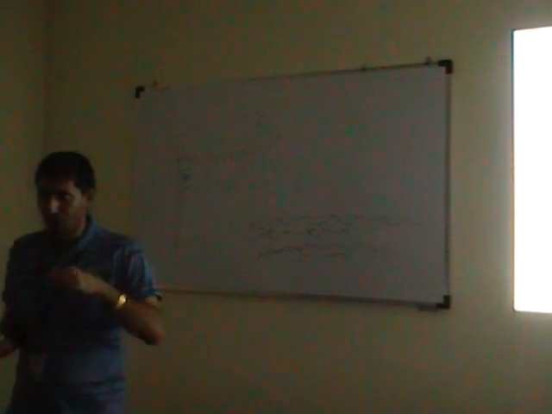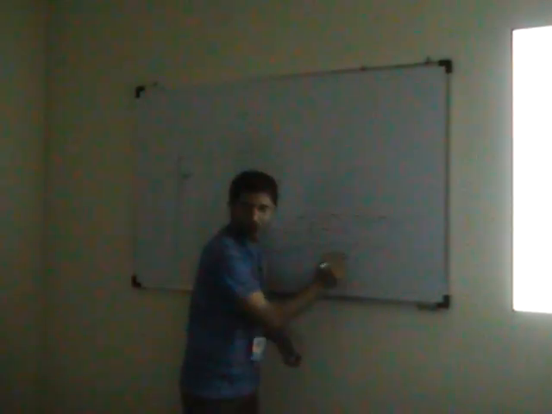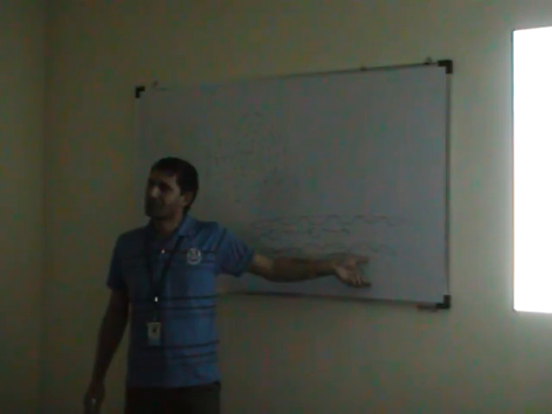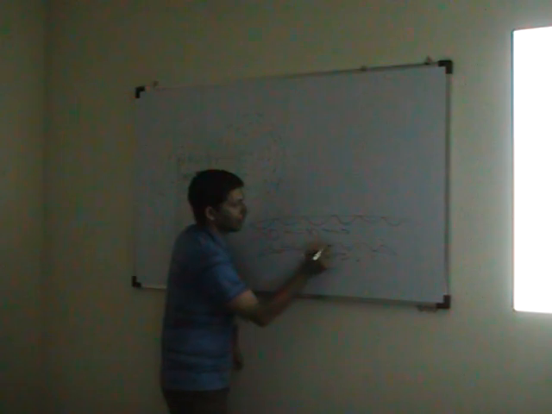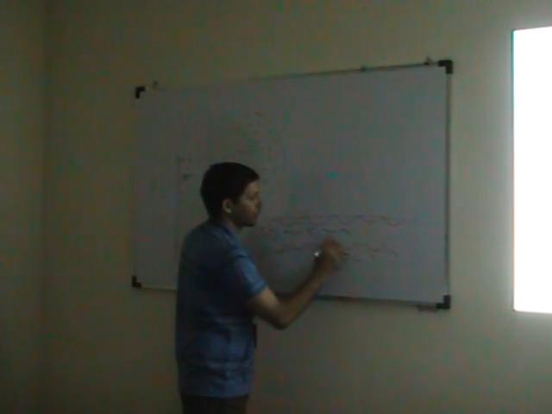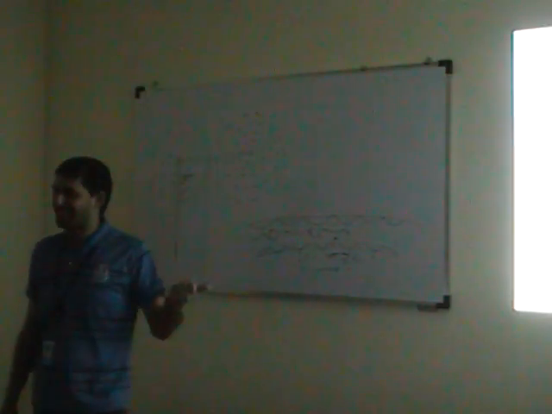I will show the whole animation. In that animation, when the WBC is moving and reaches a particular point where there is inflammation in the tissue, it stops moving. Suppose here there is inflammation, and this cell is bearing a particular type of hook-like structure, or you can say selectin.